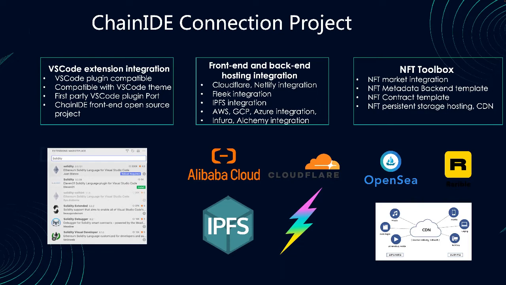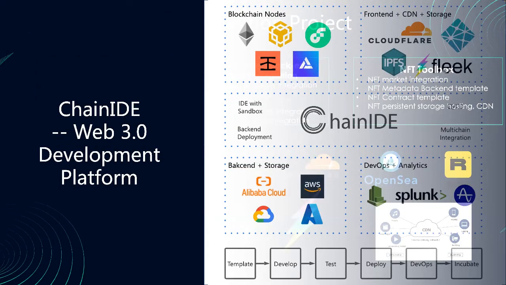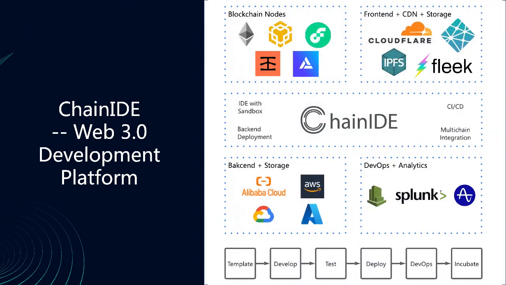So this will be, I think, the future architecture of the ChainID development platform. It can interact with blockchain nodes, front-end CDN storage, back-end storage, and also DevOps and analytics. So developers will log into ChainID and then go through this workflow below, right?